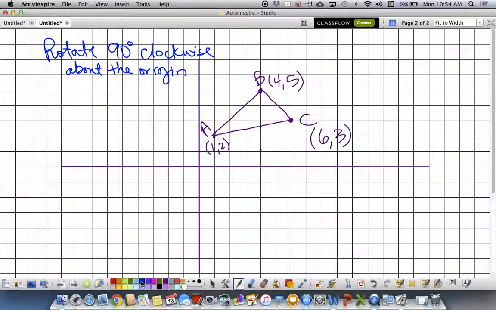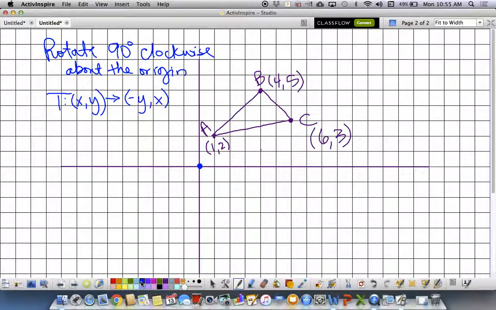Okay, if you go back to those equations, your mapping notation, it told you the (x, y) will transform to be what? Negative y, x. Okay, so we have a center of rotation that is the origin.